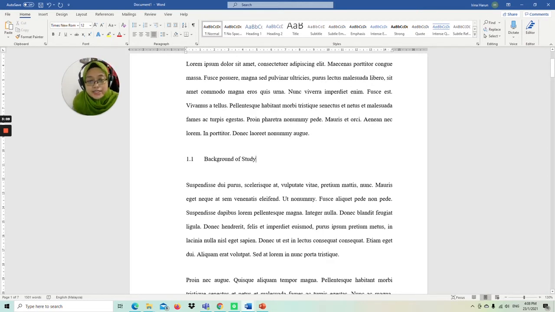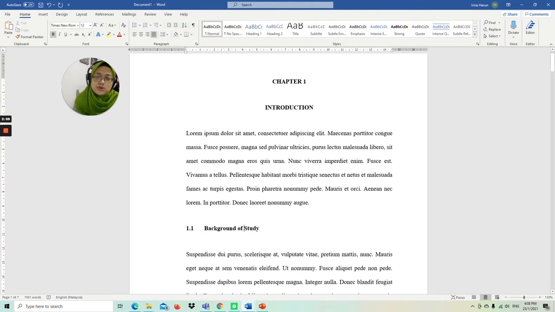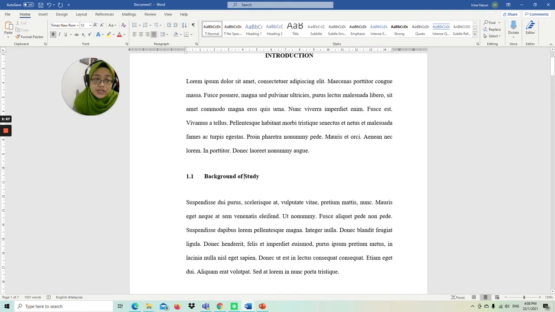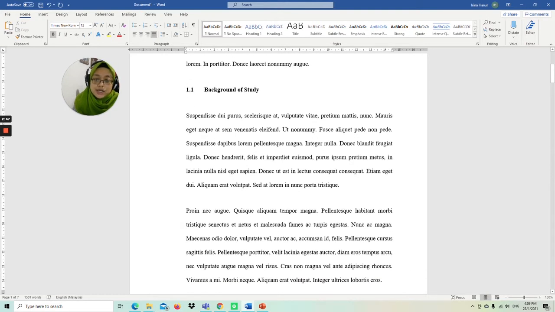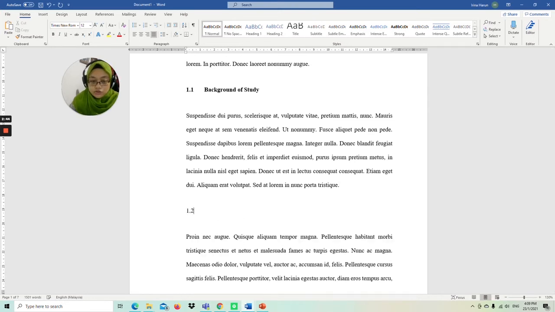Background of Study: B is in caps and S is also a capital letter, and that should be bold as well. I know a lot of people do this, it's not wrong, it's totally normal. So we just type it, 1.1, and then 1.2. 1.2 is Problem Statement, and again you bold that.